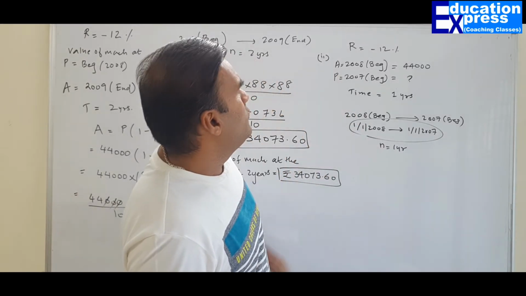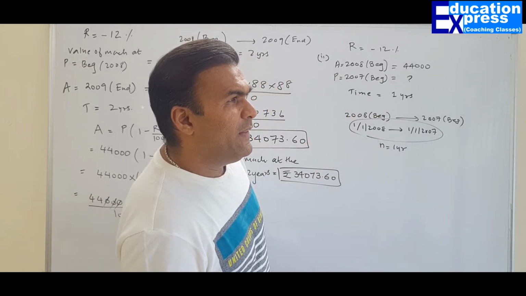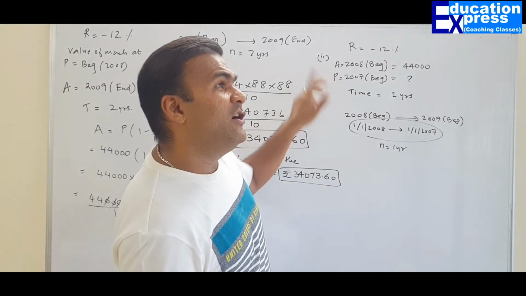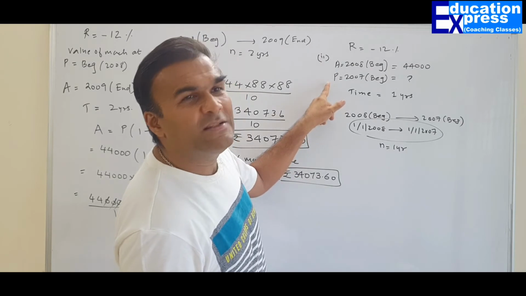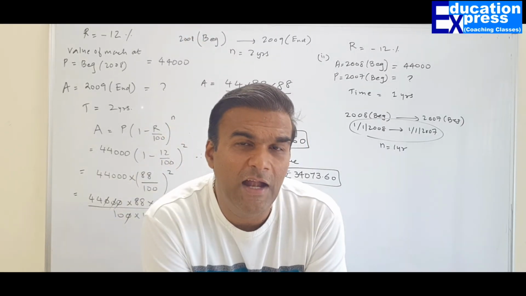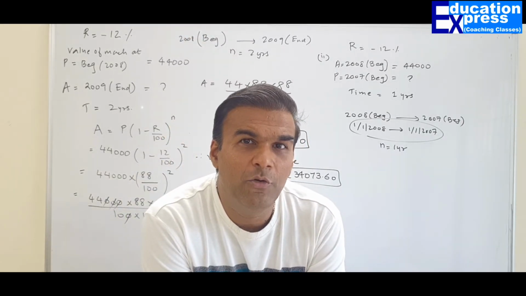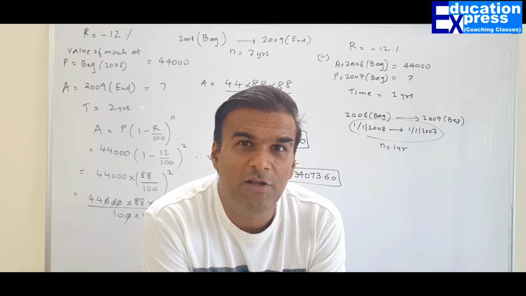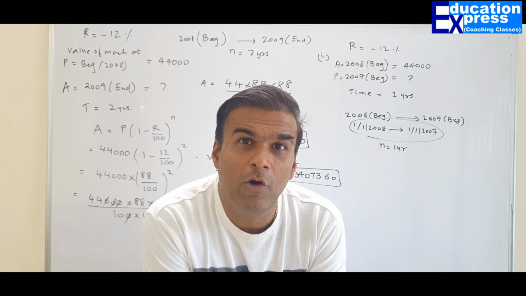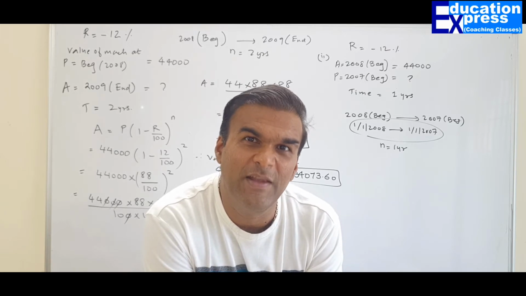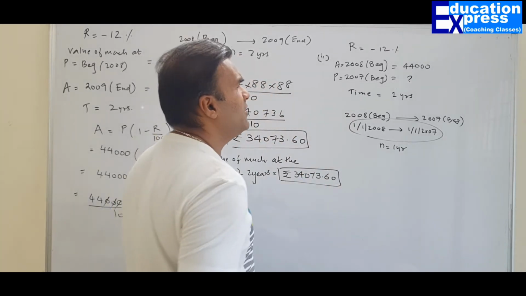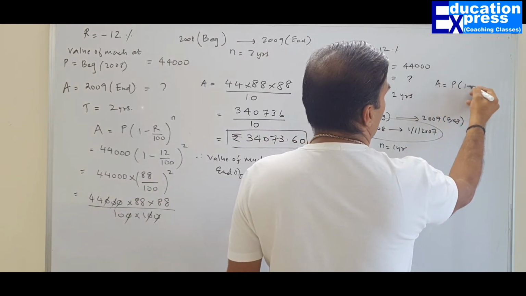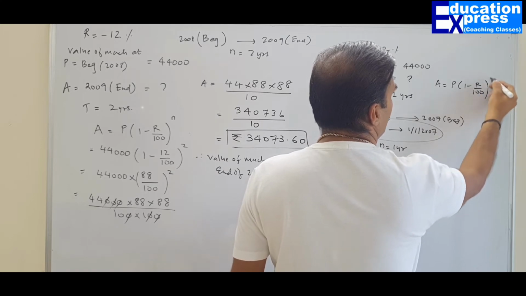Between these two, the farthest day, that means 2008, would be the amount, whereas the earliest day would be the principal. 2007 और 2008 में आपका प्रिंसिपल 2007 होगा और अमाउंट 2008 होगा. Amount is always futuristic. Amount will always follow after the principal. So this is the information given to us. Apply the same formula: A equals P (1 minus R upon 100) raised to N.